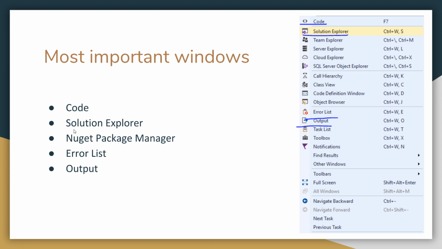Then NuGet Package Manager, where you get stuff that you need. Error list, where you see warnings, error messages, and info messages. An output window, where you see how your program is being executed and how your build went.